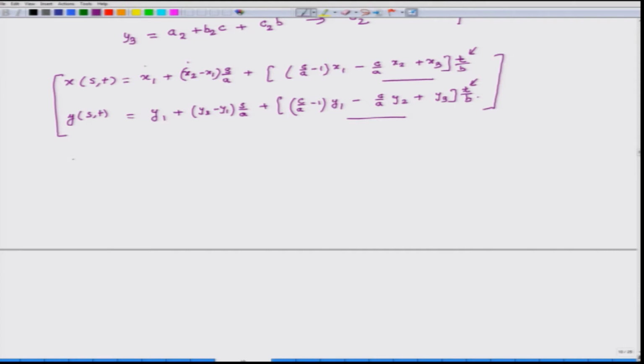So, since we are interested only in finding boundary integral along 1, 2, t is 0 along 1, 2 line.